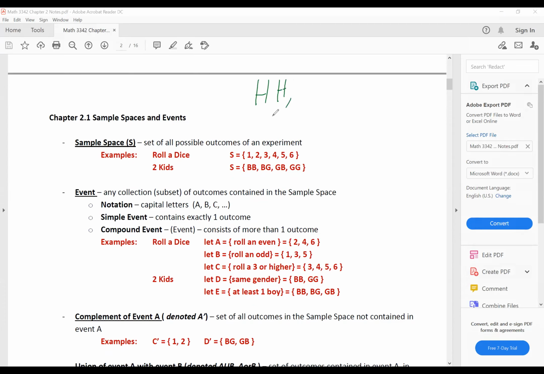Here H denotes head and T denotes tail. So you might have both heads, first head and second tail, first tail and second head, or both tails. These are the possible outcomes.